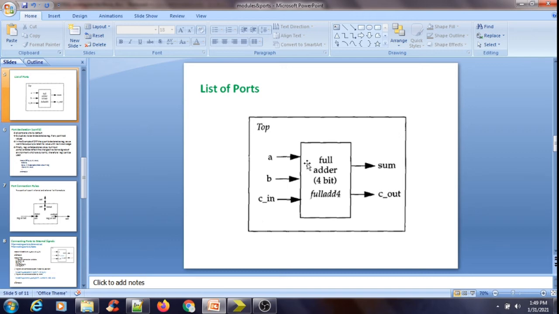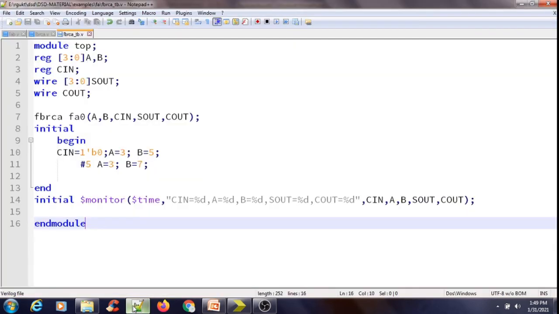Input ports should not store any values, because they reflect the changes in the external signals they are connected with, as the simulation block is generating external signals like capital A, capital B, capital C in, which we have seen in the previous example.